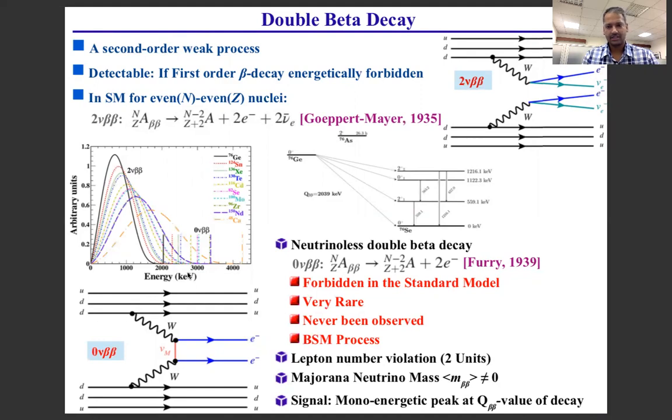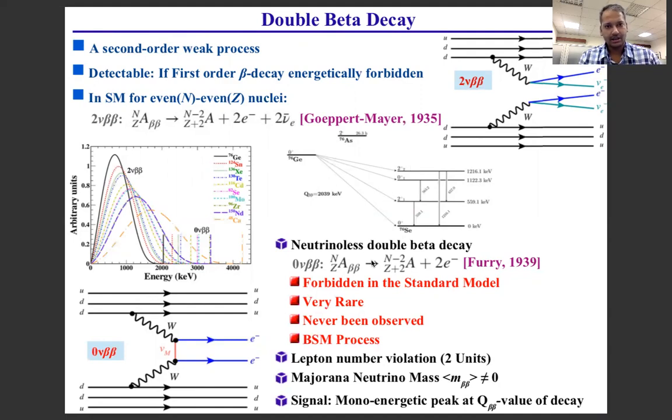In the case of germanium, for example, the most probable transition is from the ground state with zero spin to selenium with a Q value of around 2039 keV, but there is also a possibility, which is very rare and not observed yet, of decay to higher states of selenium.